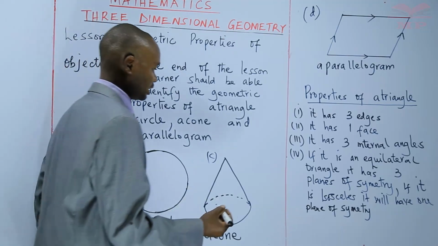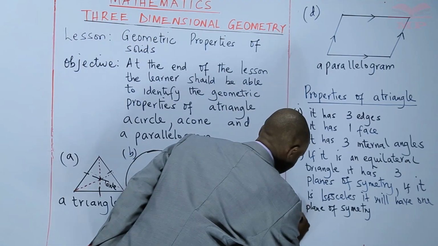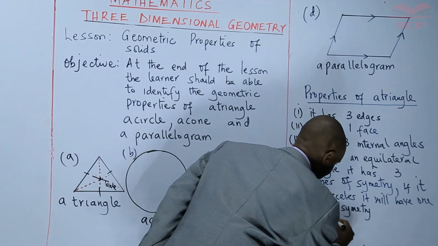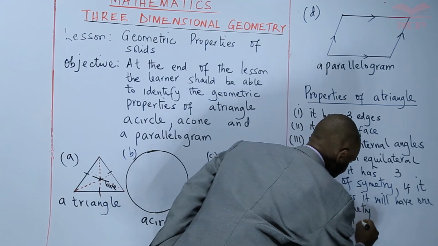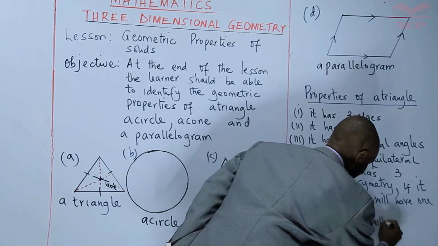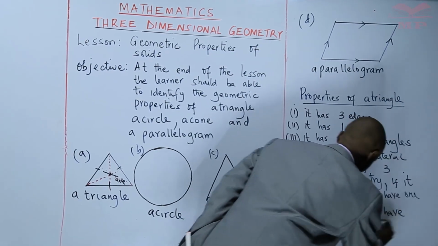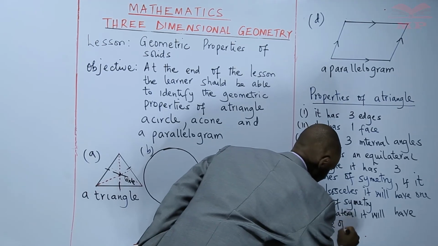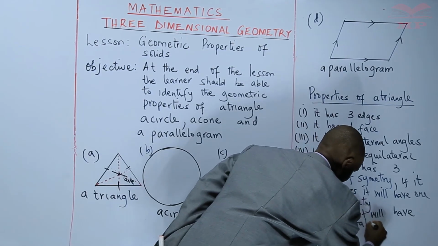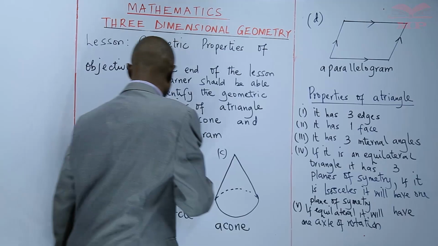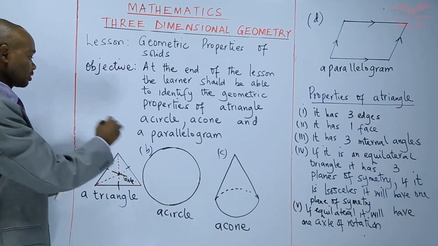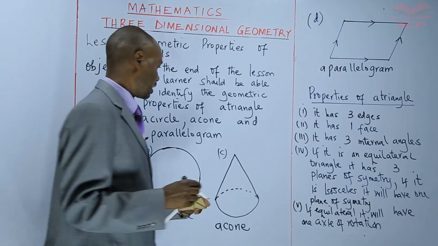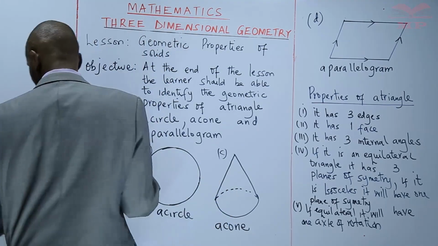So you can also write, if equilateral, it will have 1 axial of rotation. So it can rotate, put there an axle, you can rotate clockwise or anti-clockwise.